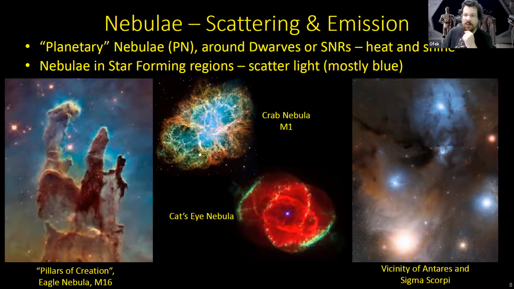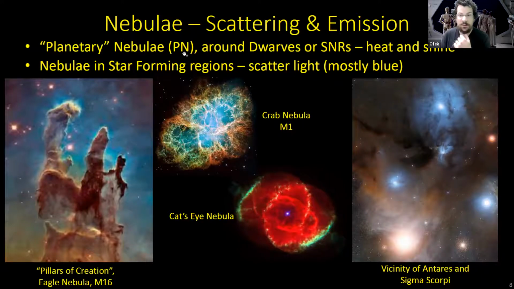For example, here in the Crab Nebula, M1 in the Messier Catalog, this is the nebula surrounding the remnant of the supernova explosion of 1054, the Chinese nebula. There's a pulsar in the middle, which you cannot see with the naked eye. We'll talk about it next week. But we can see that there's kind of blue light and red light intermixed with each other.